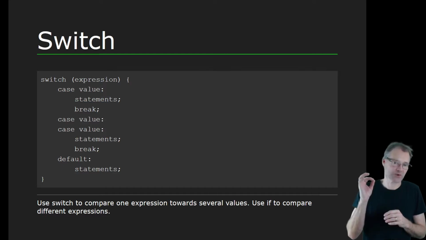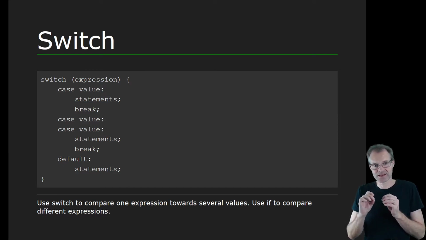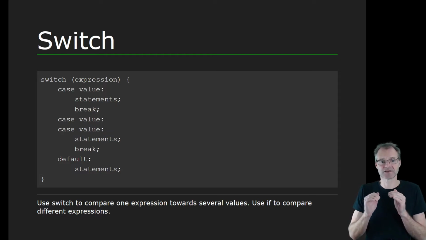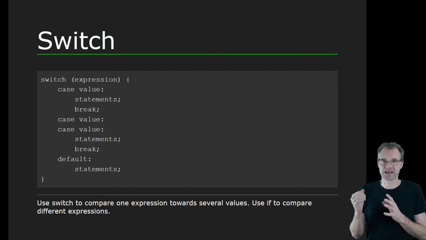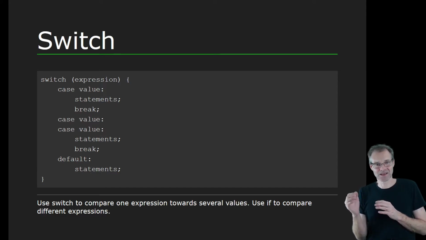So we have one expression, and then we have case this value, case that value, case another value, and at the first match of the value, the statements will be executed.